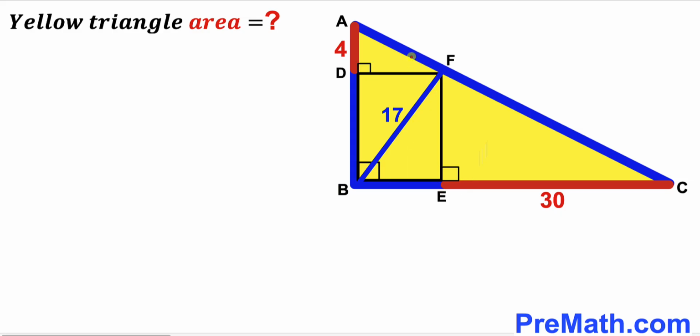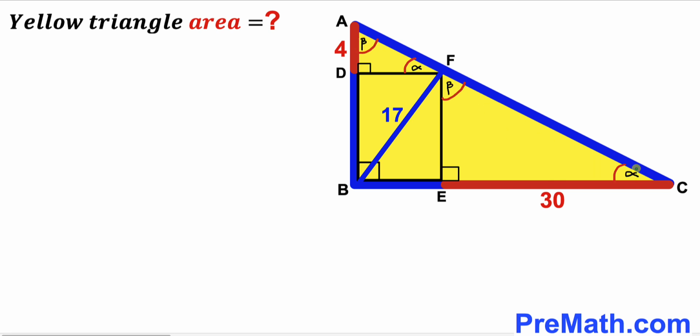We can see that this angle and this angle are congruent angles since they are corresponding angles. If this angle is alpha, then this angle has got to be alpha as well. And likewise, this angle and this angle are congruent as well, since they are corresponding angles. If this angle is beta, then this angle has got to be beta as well.